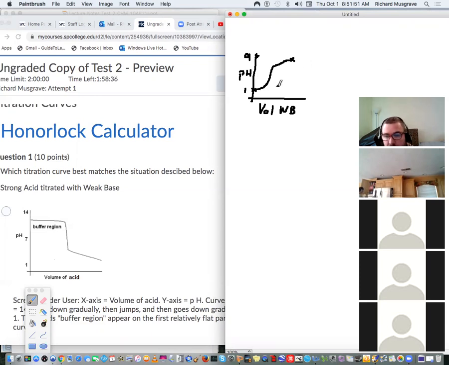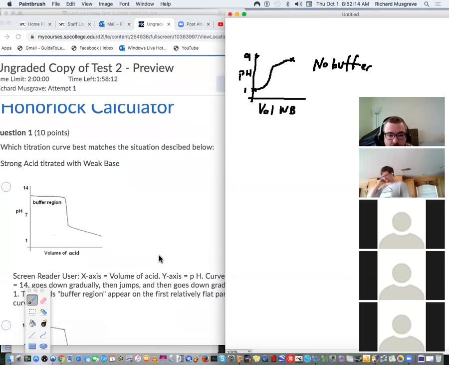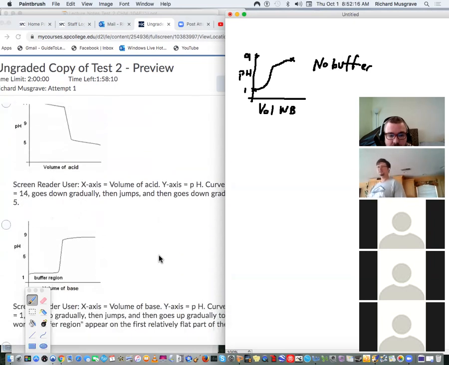The next thing we would do is try and determine if we're going to have a buffer region or not. Now we can only have a buffer region if we're adding strong acid or strong base down here. So there would be no buffer. So I would look for the one that looked like the one I just drew, starting at 1, going to 9, but with no buffer region. And then I would hunt down that.